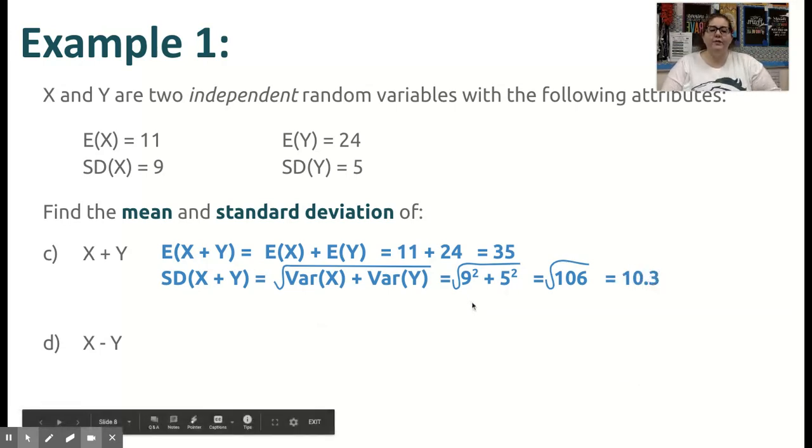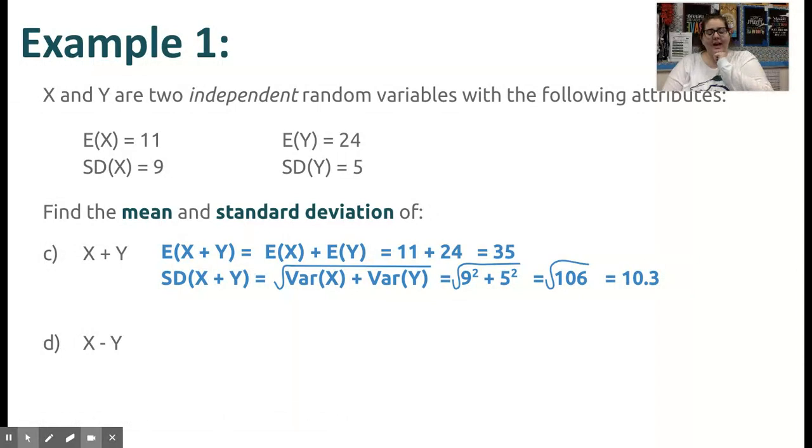So if I look at this formula here, the square root of 9 squared plus 5 squared, it might remind you of something you did back in geometry. I sometimes call this combining variables standard deviation rule the Pythagorean theorem of statistics. When I'm talking about a right triangle and one side is 3, one side is 4, and I want to know how long the hypotenuse is, I can't just do 3 plus 4.